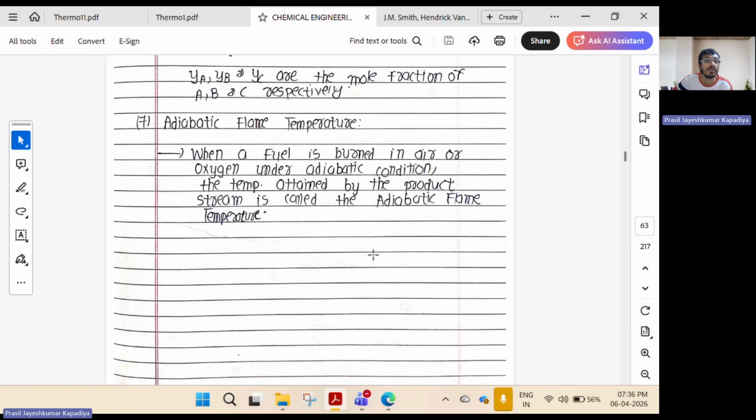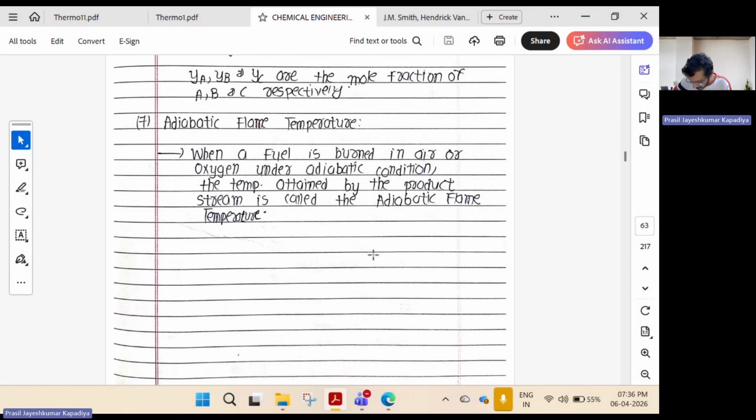For ammonia, N2 plus 3H2 giving 2NH3, it's not stoichiometric, but we take some amount of H2 in excess. Then we don't always have complete reaction. We have incomplete combustion.